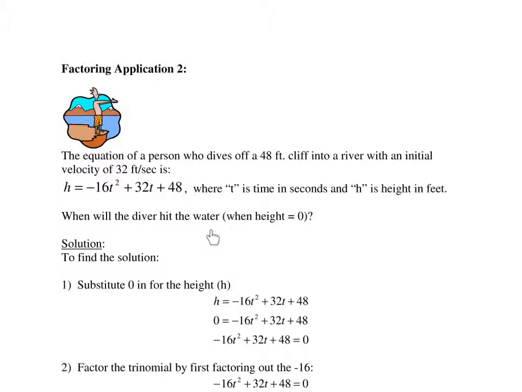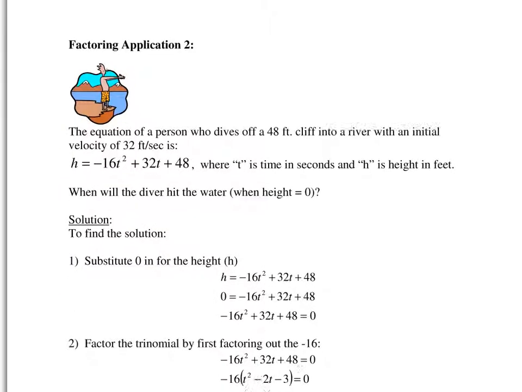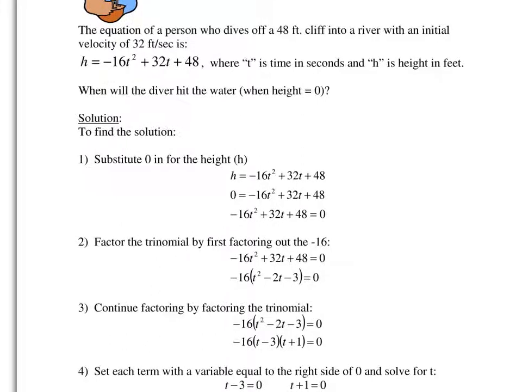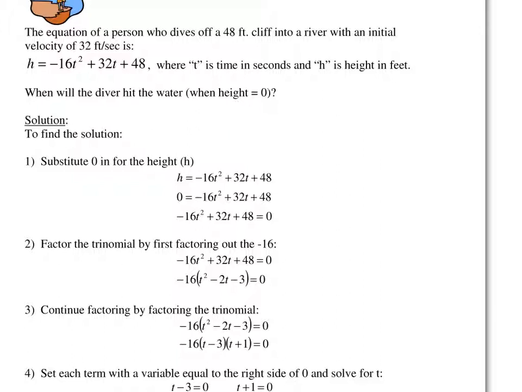When will the diver hit water, or when will his height be 0? So we're going to substitute 0 in here for height. And that's going to look something like this. 0 equals negative 16 t squared plus 32t plus 48.